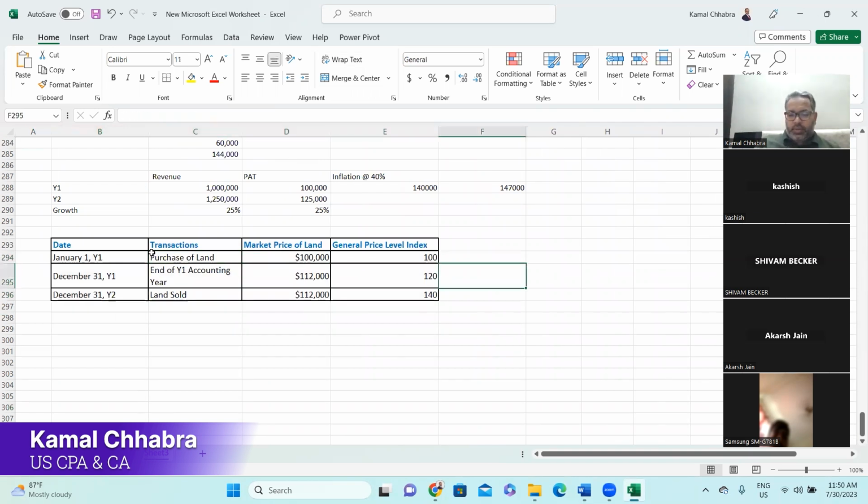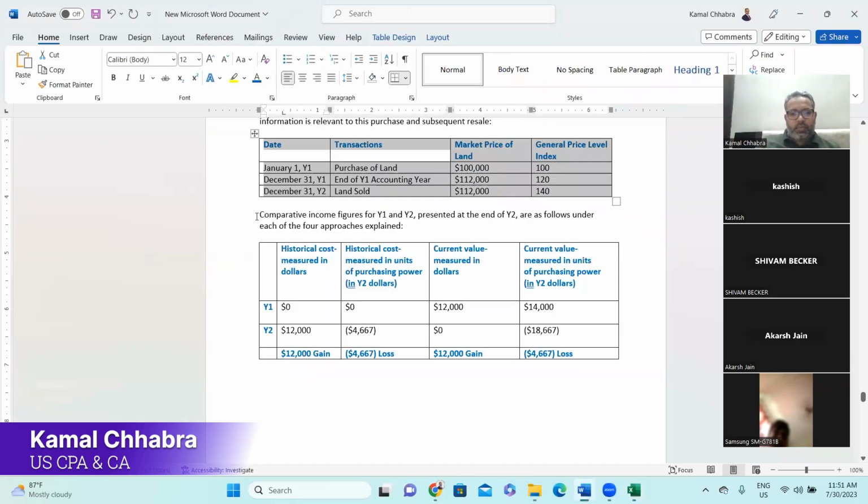Right here, if you see this multiplied by 1.2. Okay, it's saying historical cost measured in dollar.